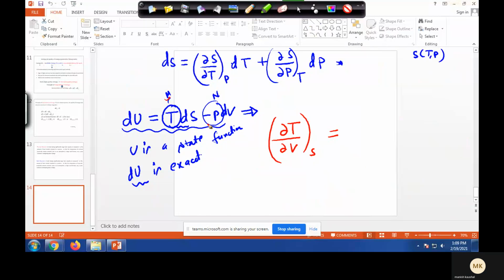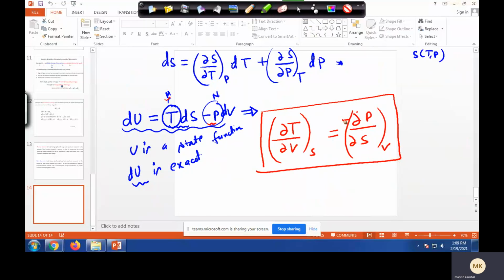Is equal to, here we have minus P, so dou of minus P by dou S at constant V. So this is our first Maxwell relation. I'll tell you how to remember it, but first let's derive it. That is Maxwell relation 1.